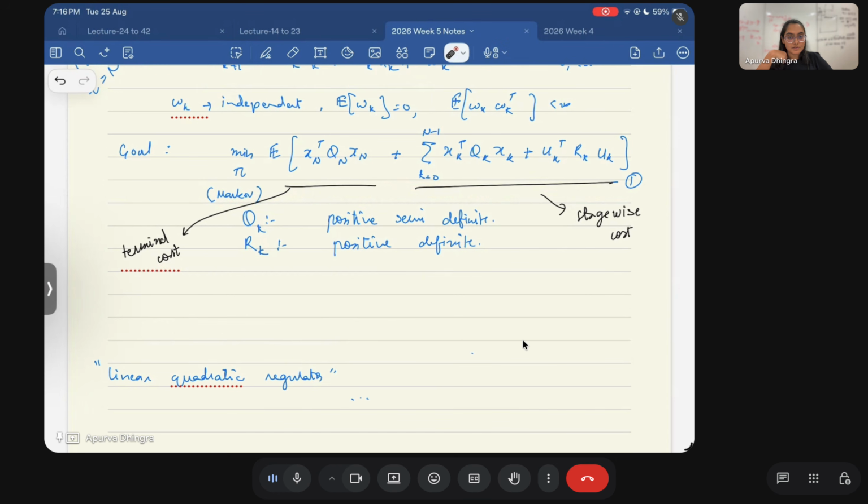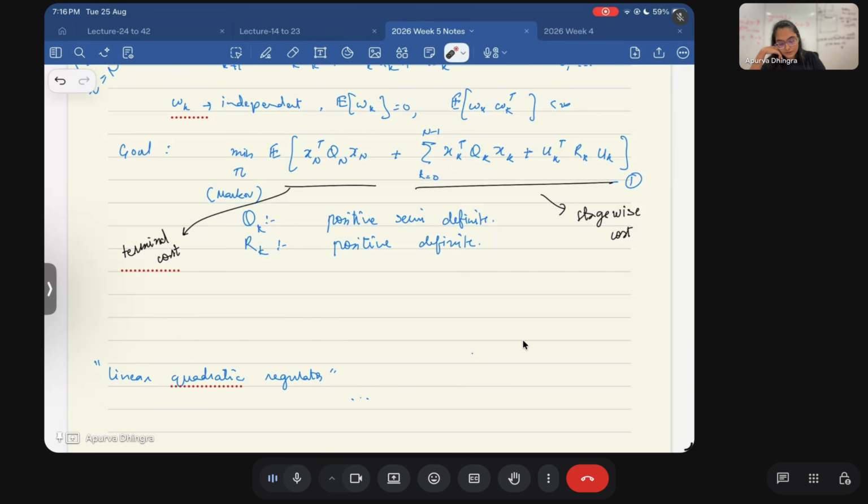Otherwise, these optimization problems will end up taking the policy or these actions and make this whole objective just minus infinity. We don't want it to go to minus infinity, and that is being restricted by keeping these matrices positive semi-definite and positive definite.